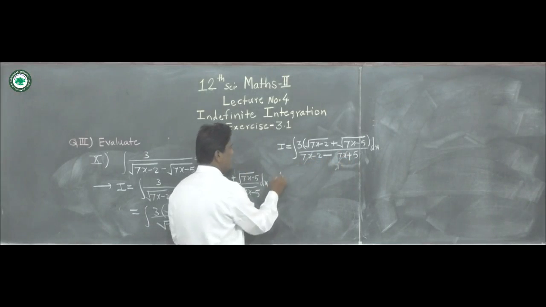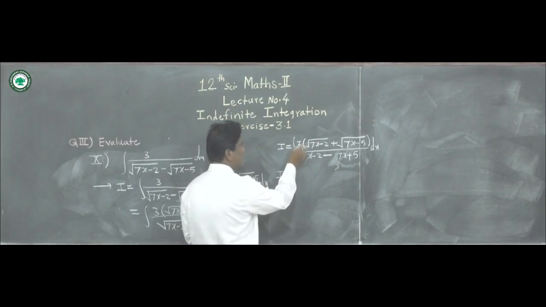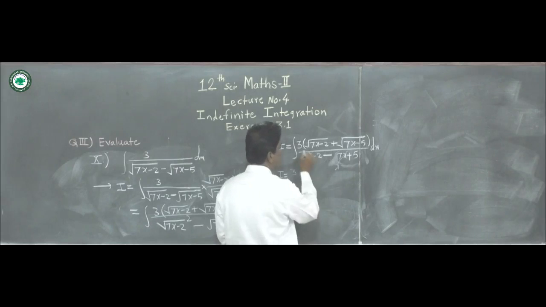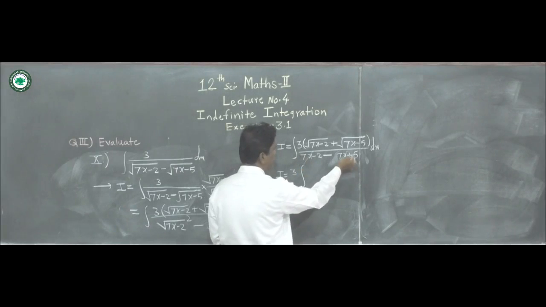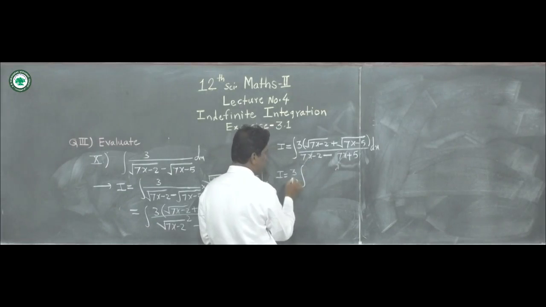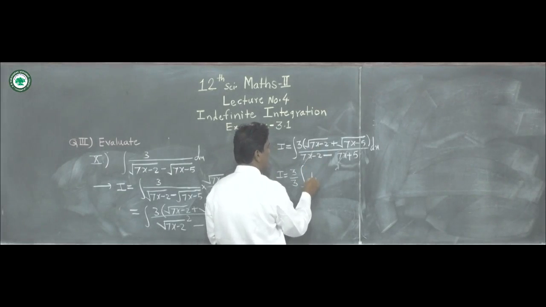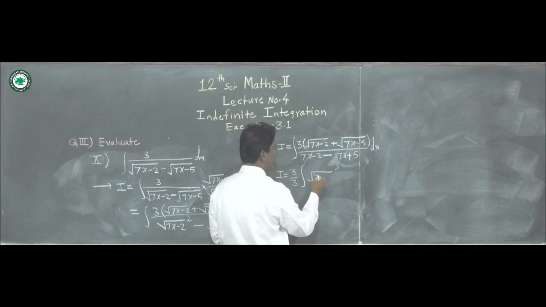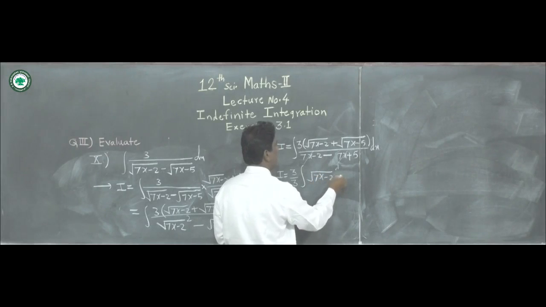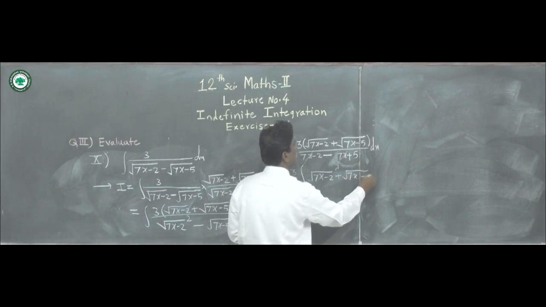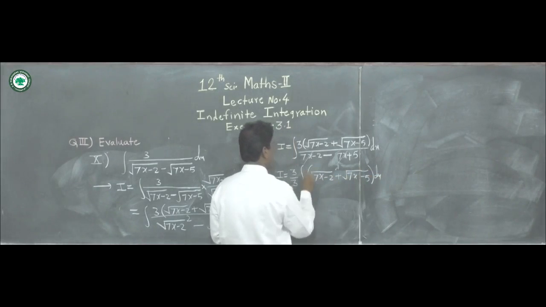So I is equal to this 3 outside, integration of, now here 5 minus 2 is equal to 3, so 3 upon 3, and now here root of 7x minus 2 plus root of 7x minus 5 dx. Get it?